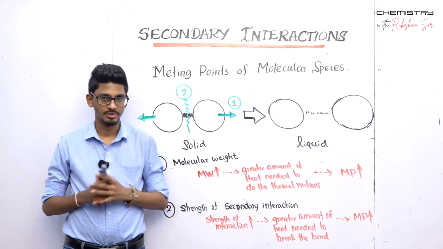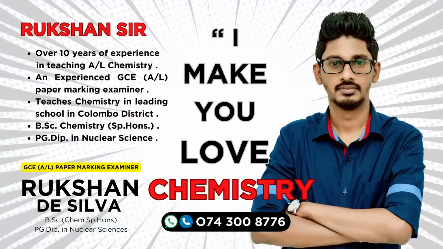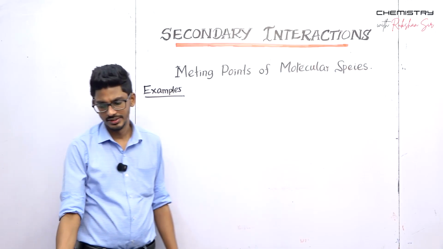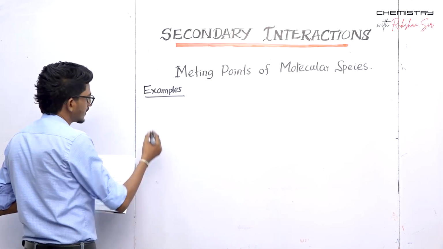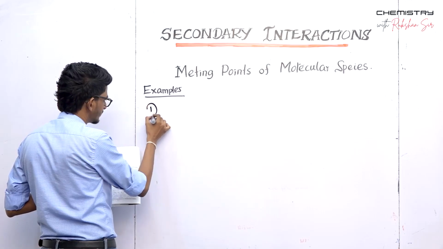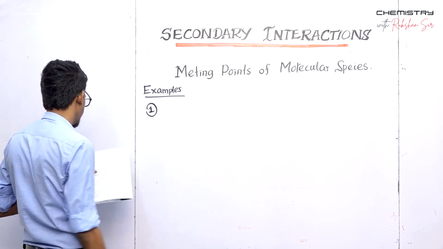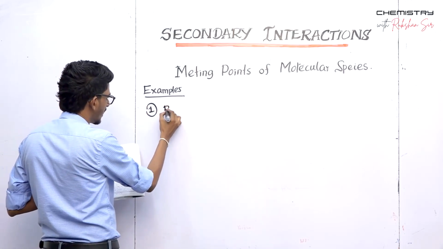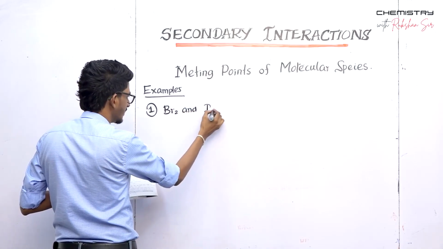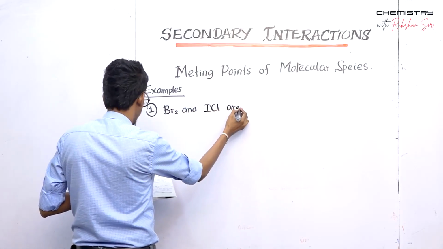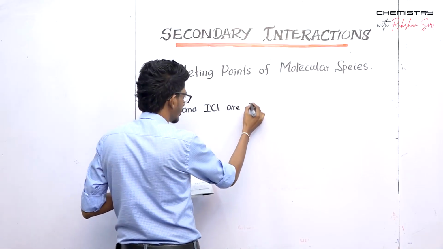Let's consider some examples. This is the first example. See, it is appearing in your note, right? Example number 1. It says Br2 and ICl are isoelectronic.